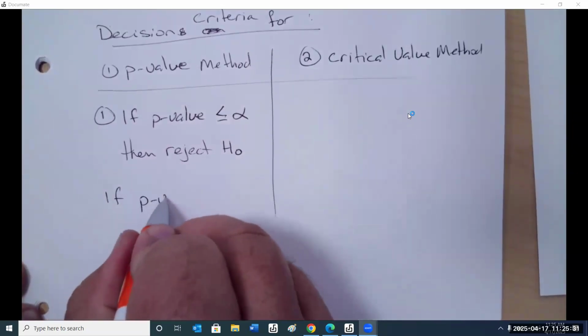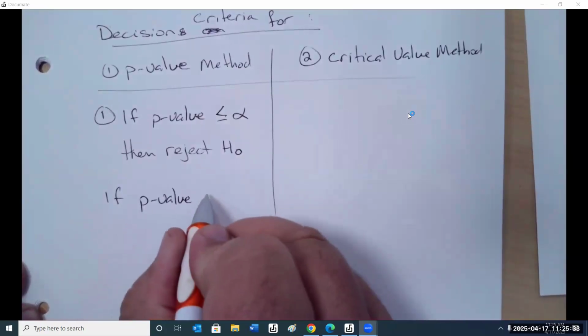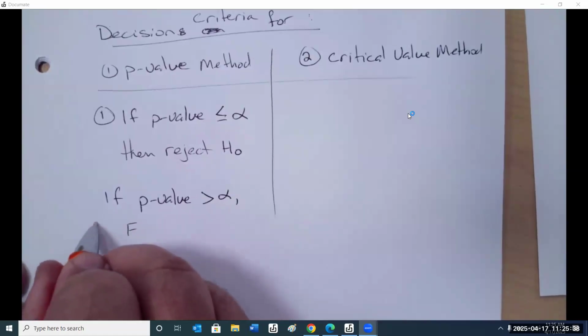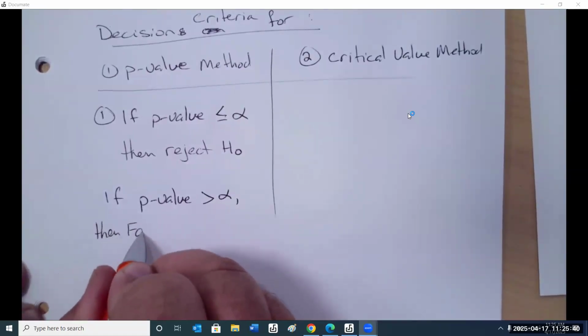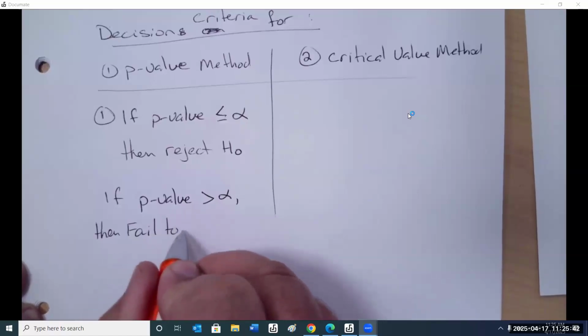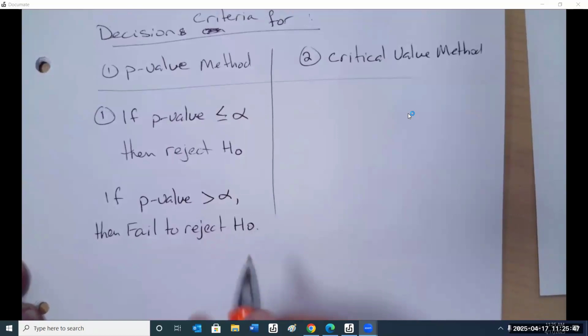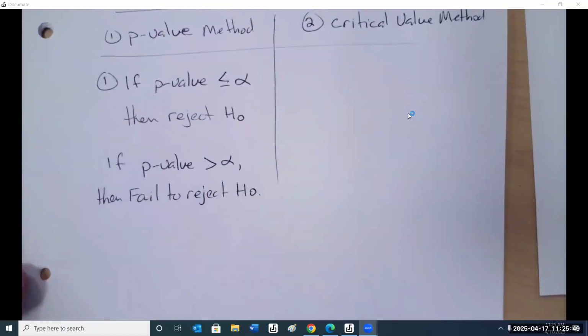If your p-value is greater than alpha, then you fail to reject H0. That's if you're using the p-value method. Do you have to pick one or the other? No, it's user's choice.